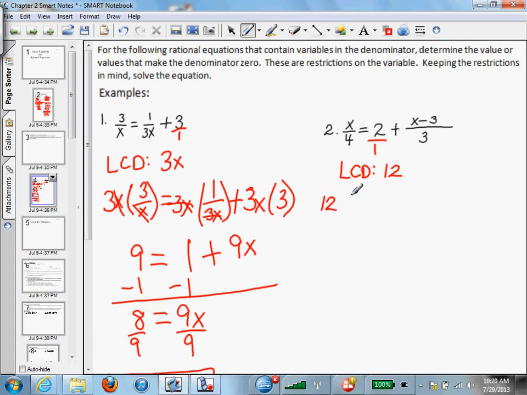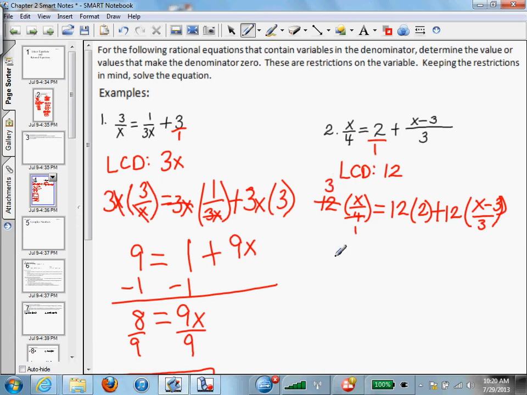So now just take 12 and multiply by everything inside the equation. So 12 times x over 4, 12 times just 2, plus 12 times the quantity x minus 3 over 3. So, over here, if we use cross multiplication, 4 can go into itself once, and 4 can go into 12 3 times.